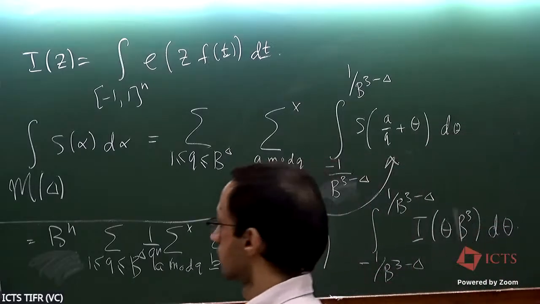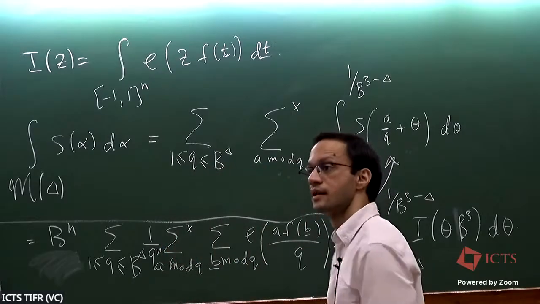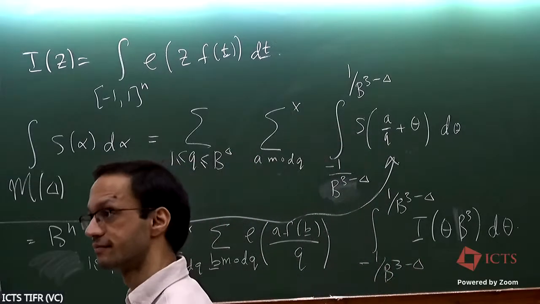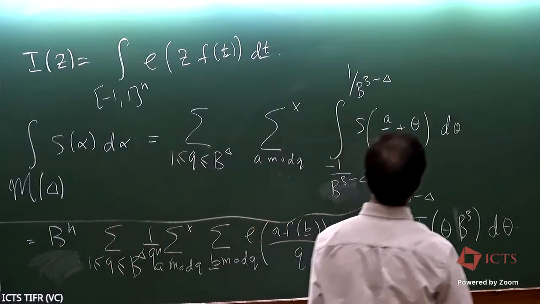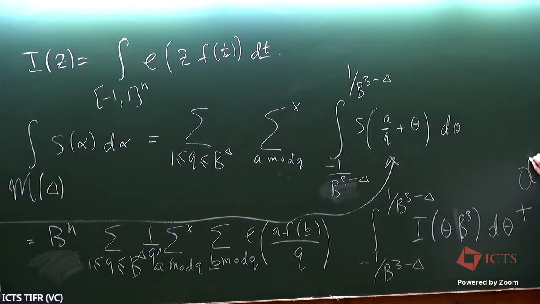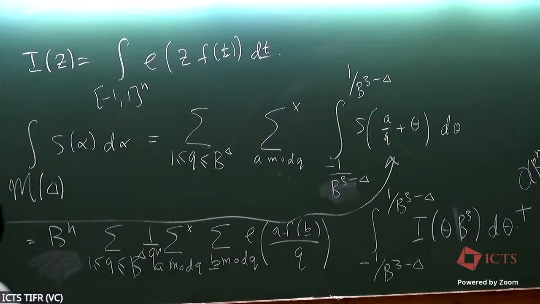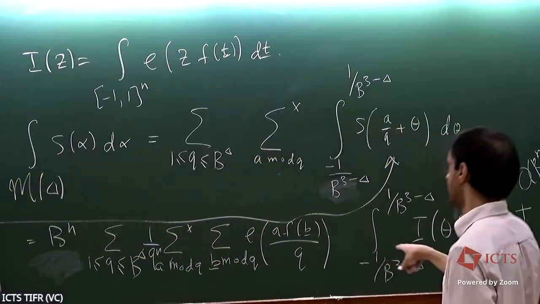Yeah. So this is all of what it is. This corresponds to the main term. Plus the error term that we have already written, n minus O plus 5 delta. So this is the error of the major arc. That is the error of the minor arc. And now all of this is the main term.